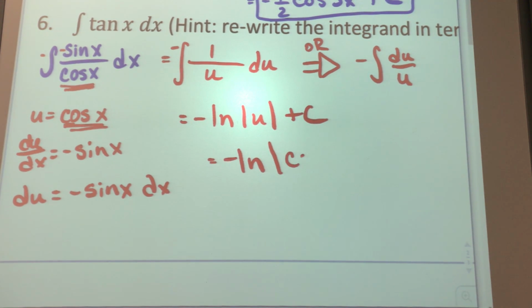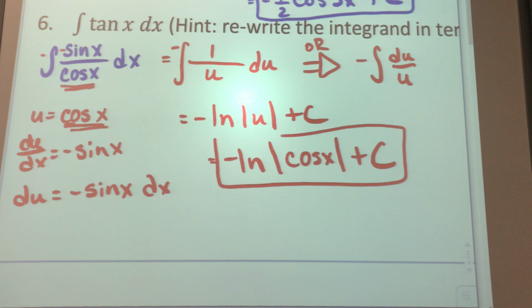U was the cosine of x. So that is the rule for the antiderivative of tangent of x dx. It's going to be the negative natural log of the absolute value of cosine of x plus c. So it's another thing we're going to need to make sure we memorize. Now, if you forget it and you have plenty of time, you can redo what we just did, but memorization would be a little easier for us, I think.